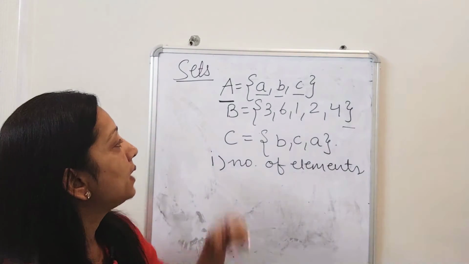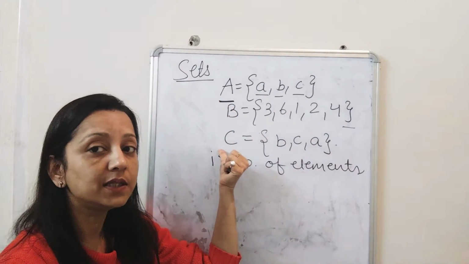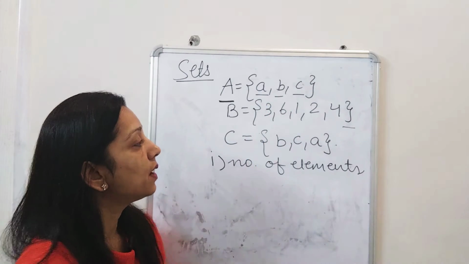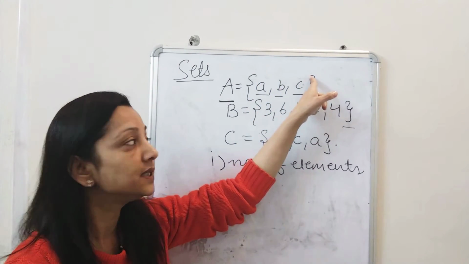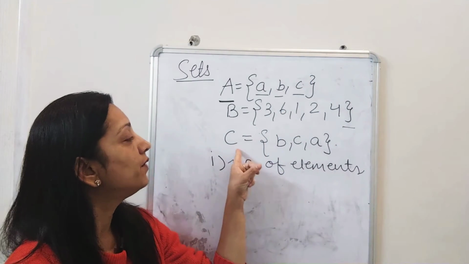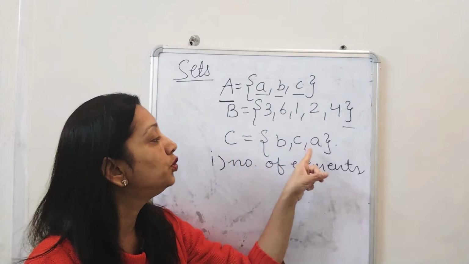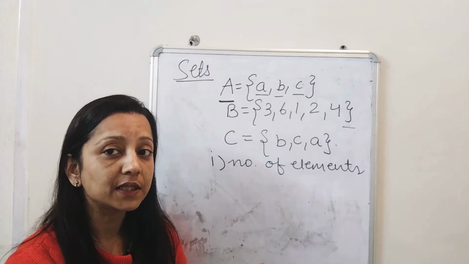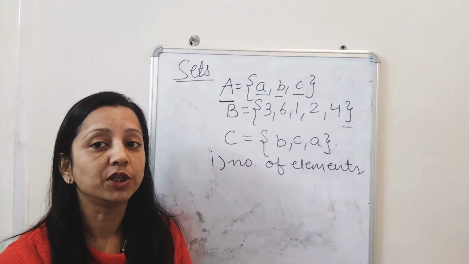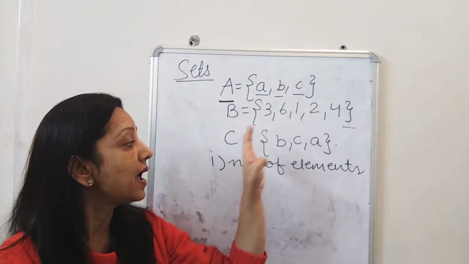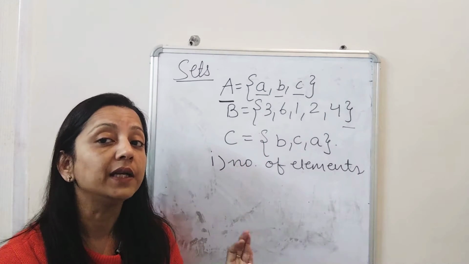Say for example, I am taking two sets A and C. You can see here the number of elements in A are 1, 2 and 3, right? There are 3 elements in set A. Similarly, the number of elements in set C are 1, 2, 3. So again there are 3 elements in set C. So that means the number of elements are the same. Hence, they are meeting the first criterion.